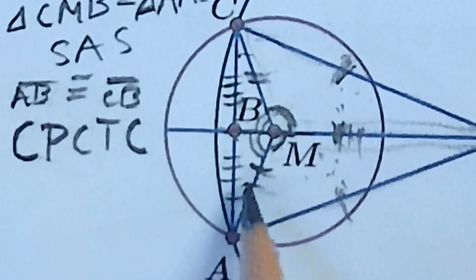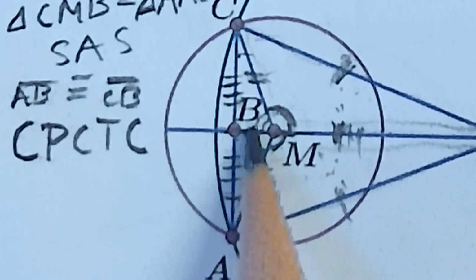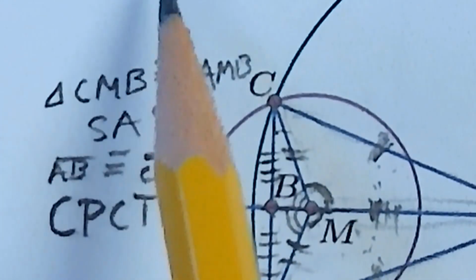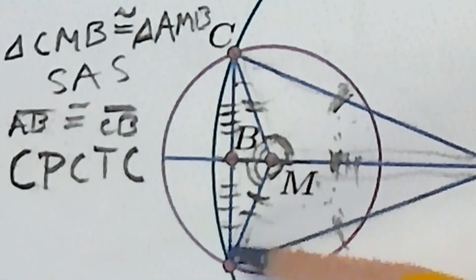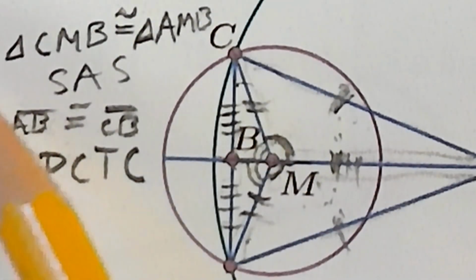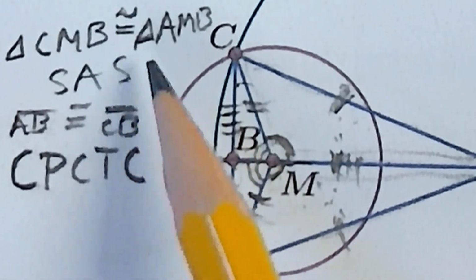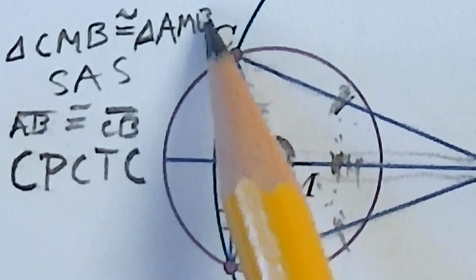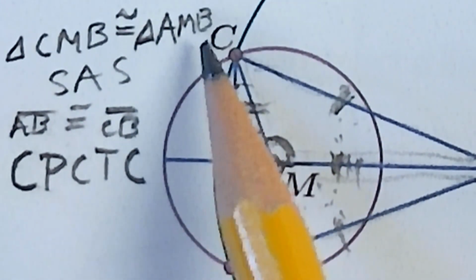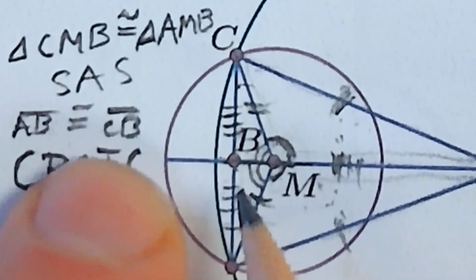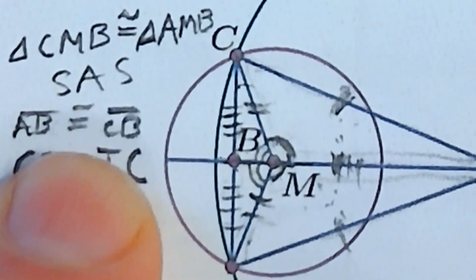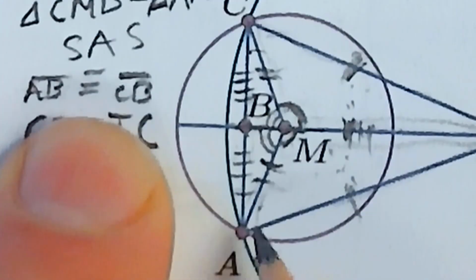So those angles are the same. Then we have a teeny little tiny shared side in here. So now we have side angle side. So we can say that these right-looking triangles, these little bitty triangles, which are triangle CMB and AMB, are congruent by SAS.